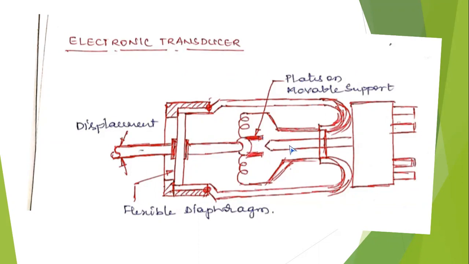Between the two plates you have a rod, one end is sharpened, and this rod is connected to the terminal. This terminal is connected to the millivoltmeter or milliammeter.